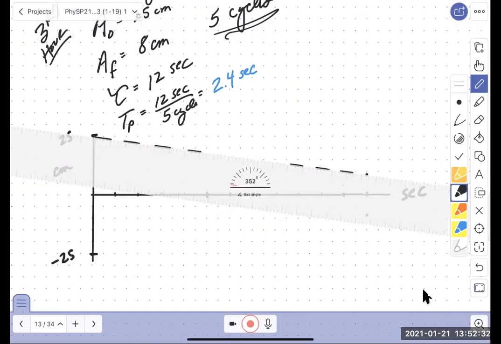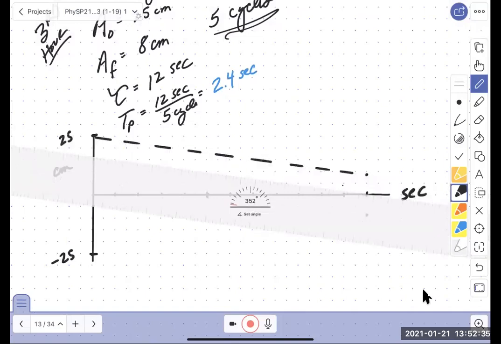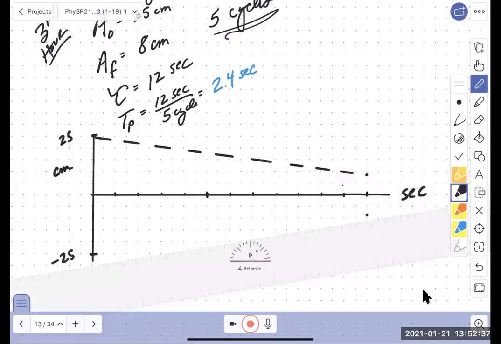My oscillations have to stay in there. That's the top part of it. Here's the bottom part.